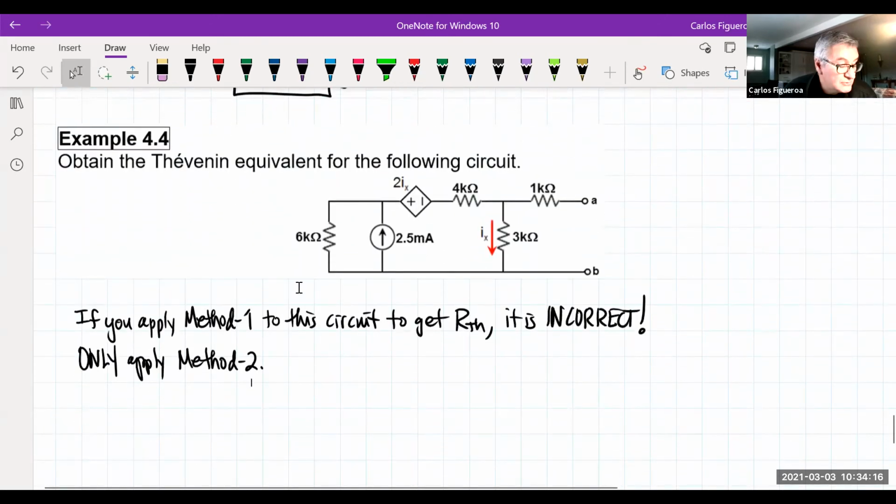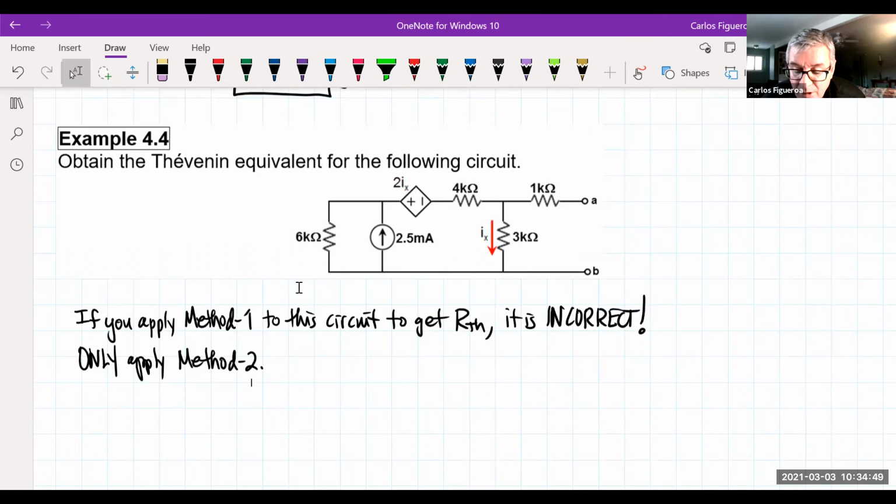Okay, let's get started. Let's look at the circuit. We want to get a Thevenin equivalent to this guy here. The first thing you note is that you can simplify the circuit first. You can see that the 6K and the 2.5 milliamp source are in parallel, so I can get a resistor and a voltage out of that.